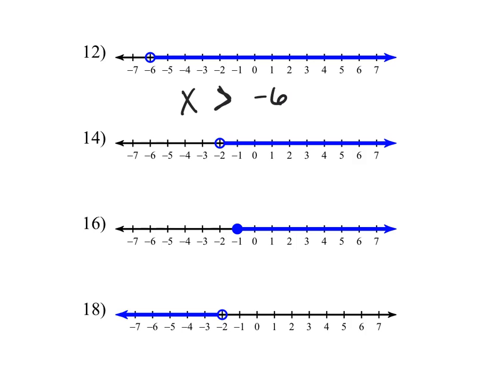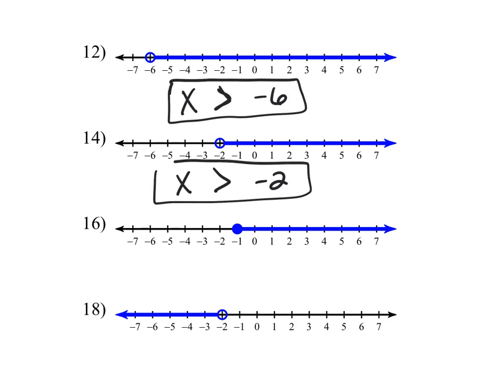Since the dot is open, you leave it right there. Okay. On 14, same idea. You got to start with your variable. The dot is at -2. Again, it has got everything going to the right, so the variable needs to be bigger. It's an open dot, so you leave it.